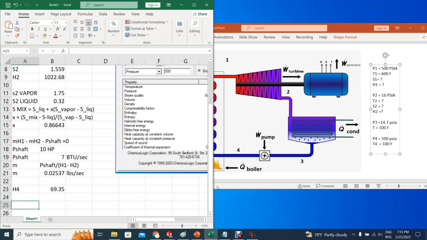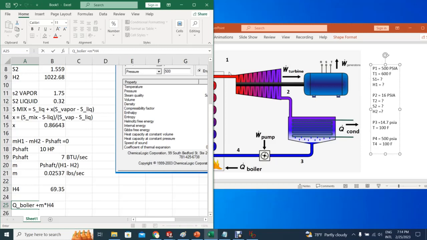The energy coming from the boiler, we can put Q boiler, plus the energy coming from the mass flow here at point 4 because it's getting into the system. That would be the mass M multiplied by the enthalpy at point 4. Those two are getting in.